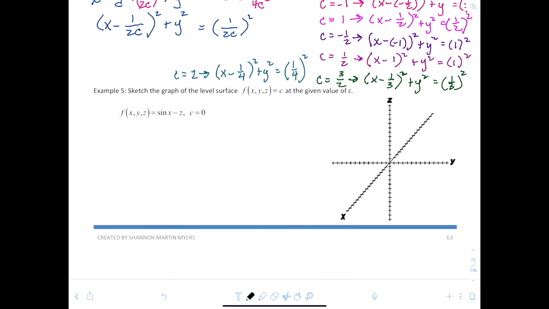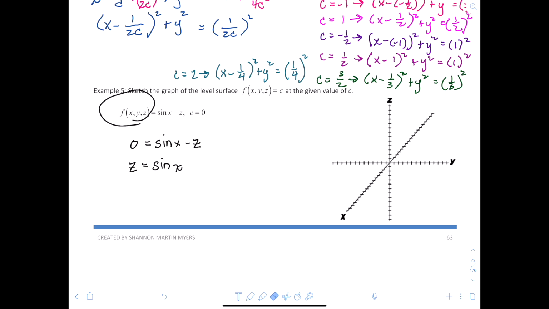But if we were to let c equal to 0, we're basically letting f of x, y, z equal to 0. So we'd have 0 equals sine of x minus z. So z is equal to sine of x.